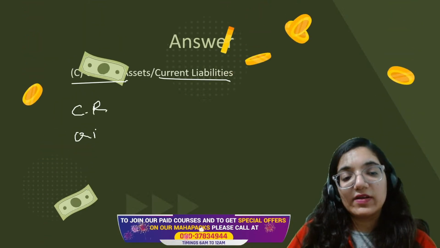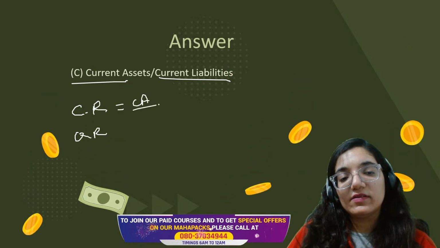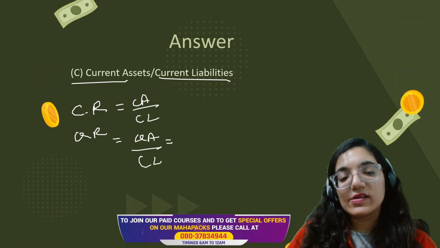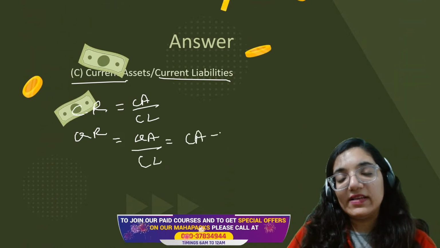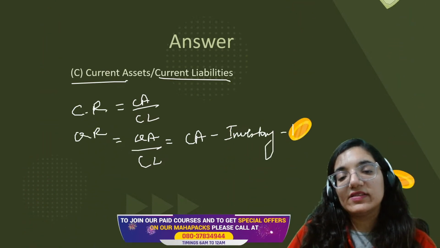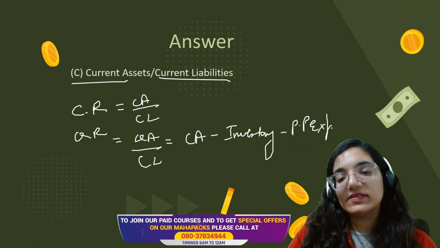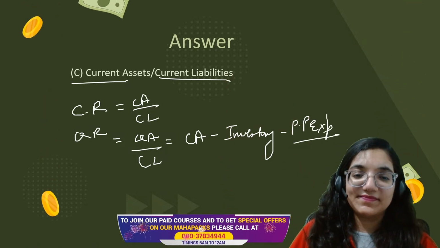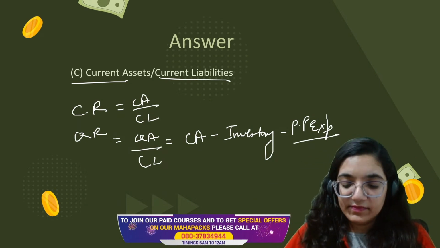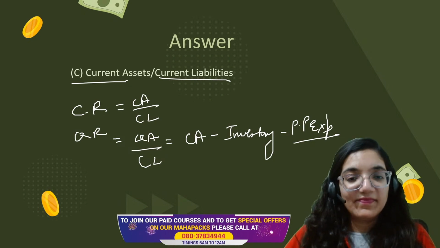If I'm looking for quick ratio, it is going to be quick assets upon current liabilities, where quick assets is current assets minus inventory minus prepaid expenses. Done, everyone?